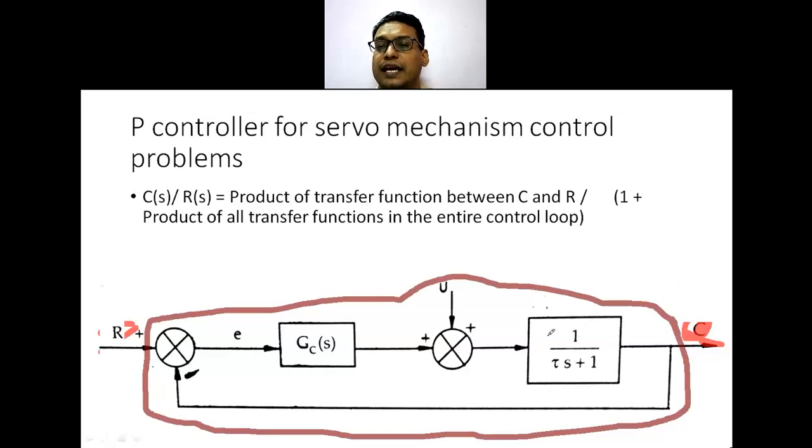In this case, there are two transfer functions between C and R.